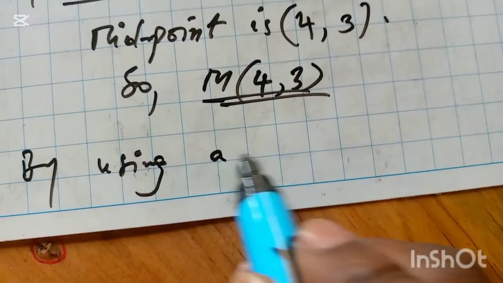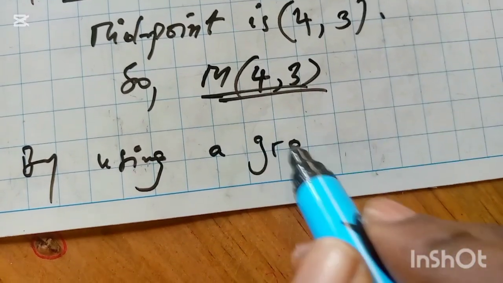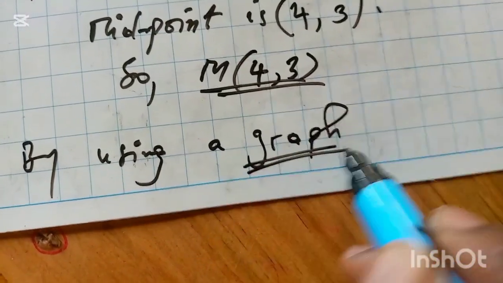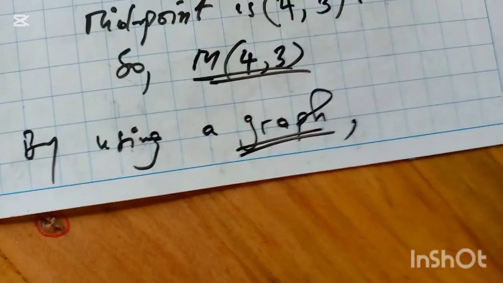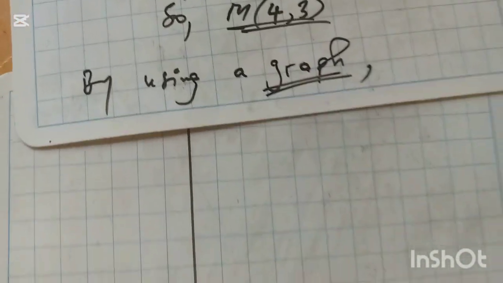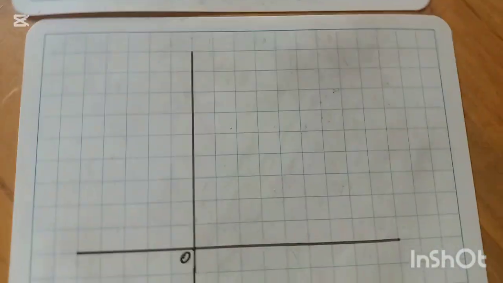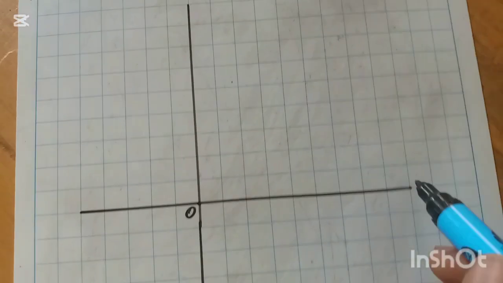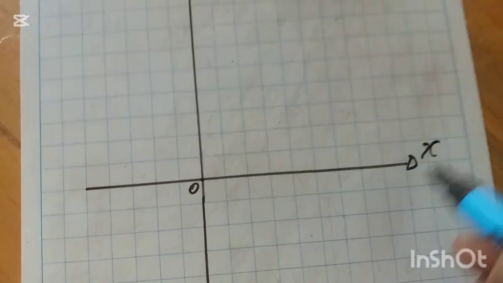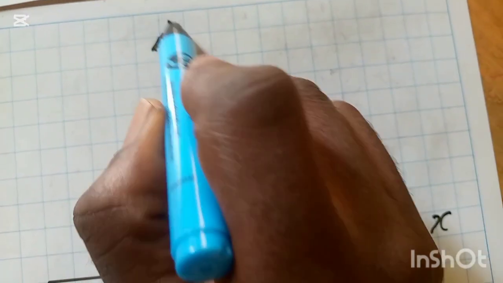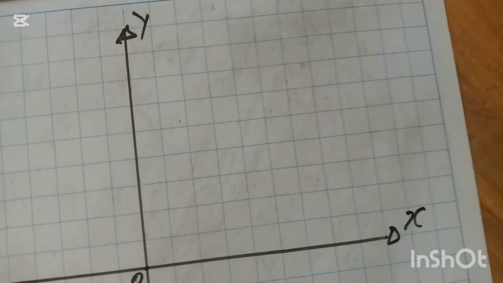By using a graph, let me show you on this graph. Let us have this graph. This is the x coordinates, this is the y coordinates.